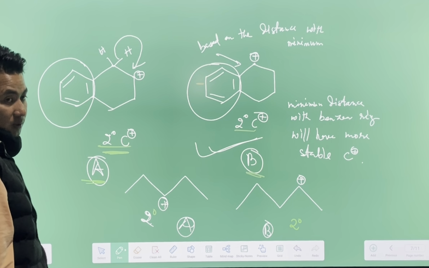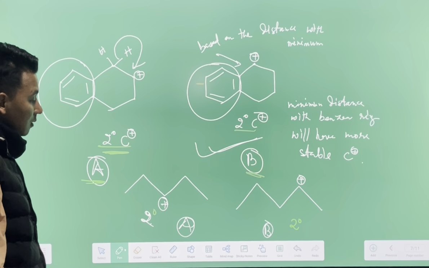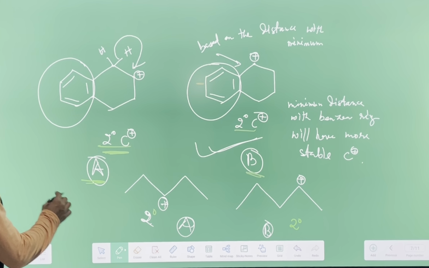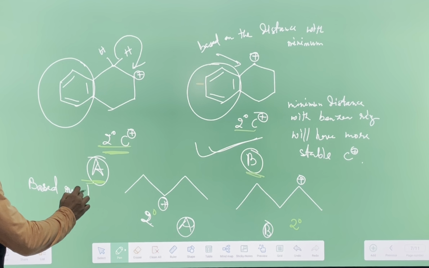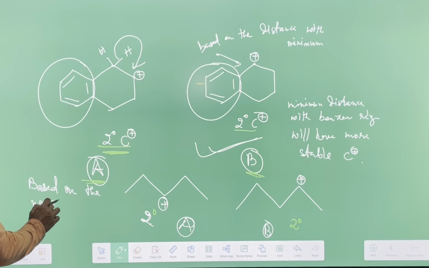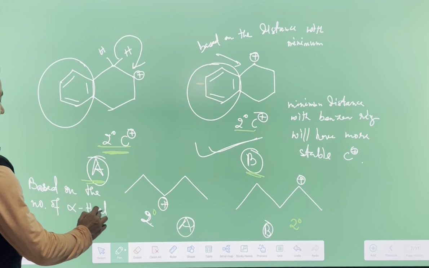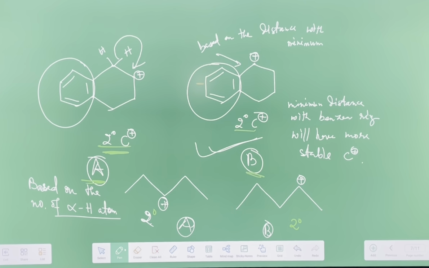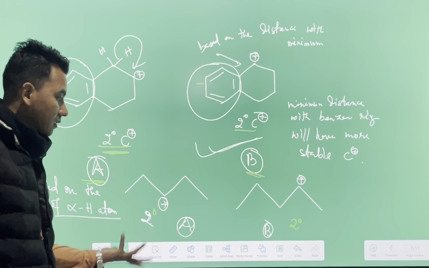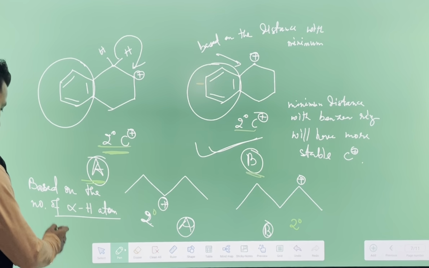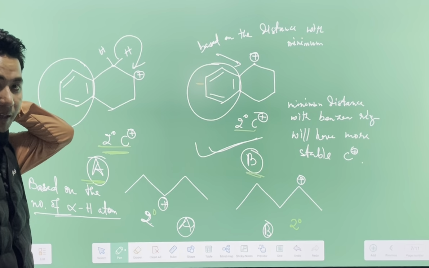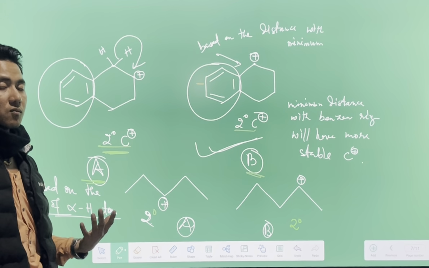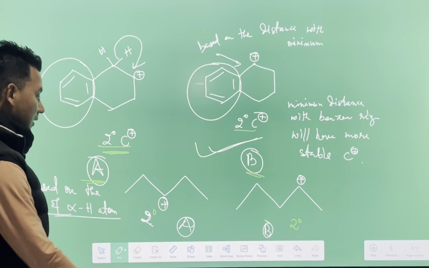But which one is the most stable among these secondary carbocations? It can be distinguished based on the number of alpha hydrogen atoms. We can distinguish the most stable carbocation based on the number of alpha hydrogen atoms. The more alpha hydrogen atoms, the more stable the carbocation.